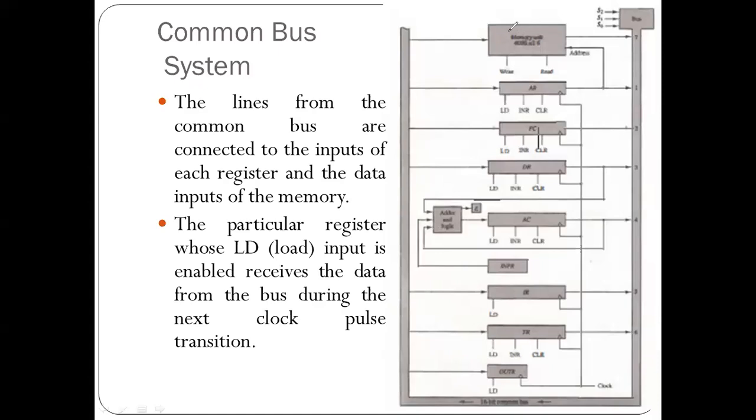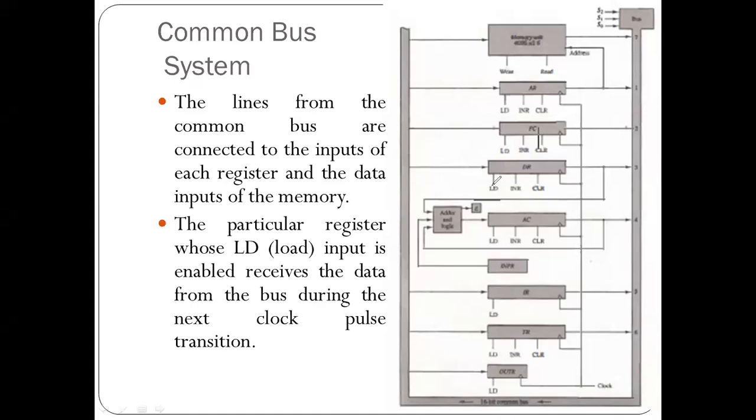Because all these registers and memories are connected via input lines, and only one particular device has to accept the data available on the common bus, whichever needs to accept the data, that particular register will have a load control input enabled to receive the data available on the common bus.